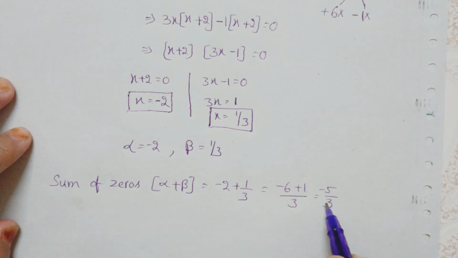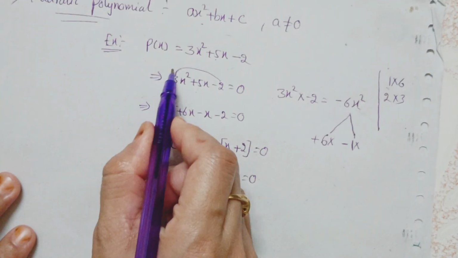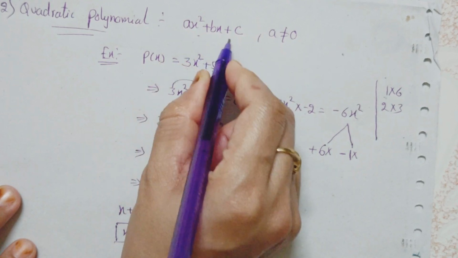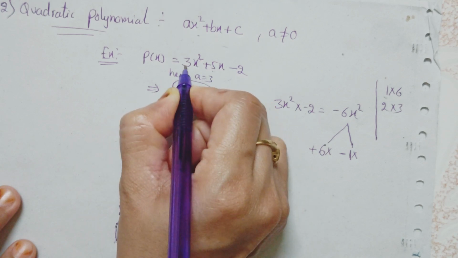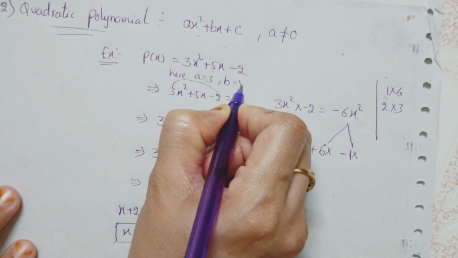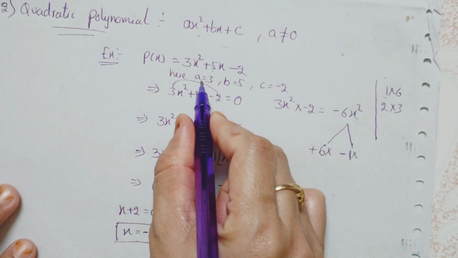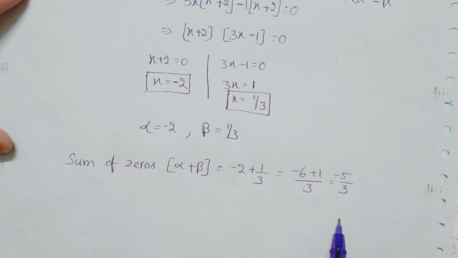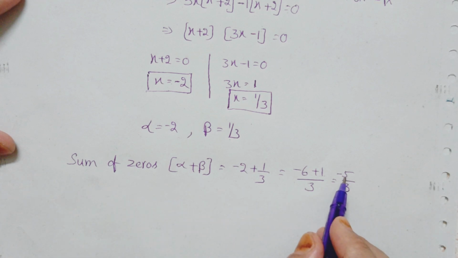If you see this carefully, this 5 is nothing but the b value and this 3 is nothing but the a value, since this is in the form ax² + bx + c. Here a = 3, b = 5, c = −2. Now the answer for the sum of zeros is −5/3.